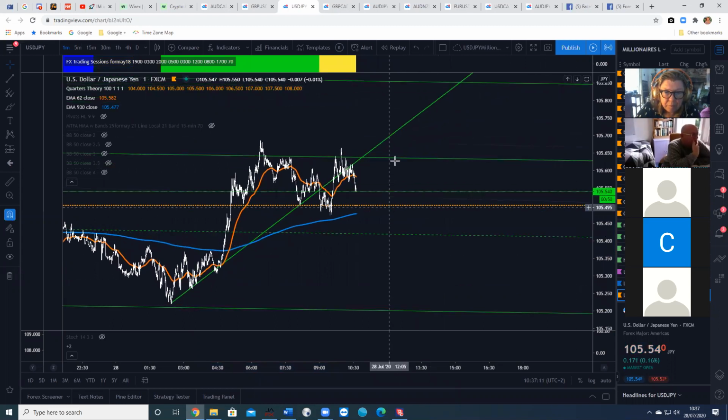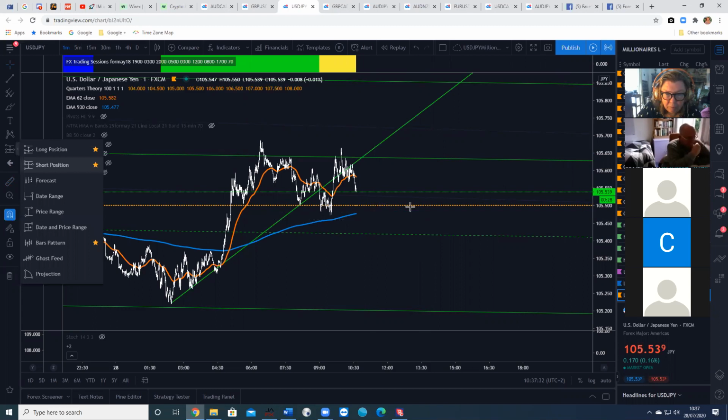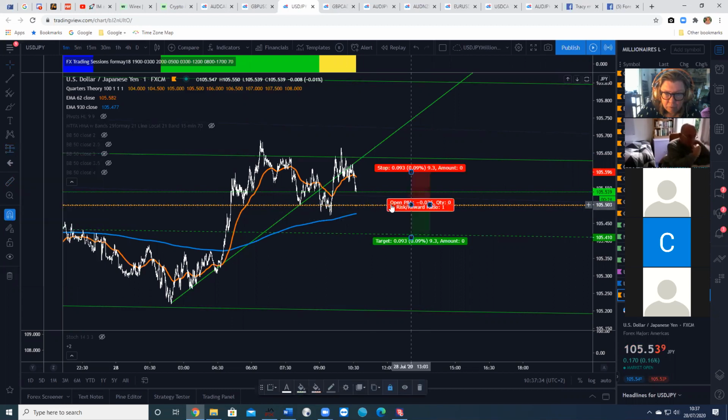The problem with this one as a setup is I don't like the stop loss that you'd have on this because of the gap between the quarter theory and the pitchfork there. So there's 13 pips there. I don't really like this as a setup anyway. And there's only 8 pips there. If you came in for a sell on a short position, you wouldn't want to get in till after quarter theory because that's like a brick wall.